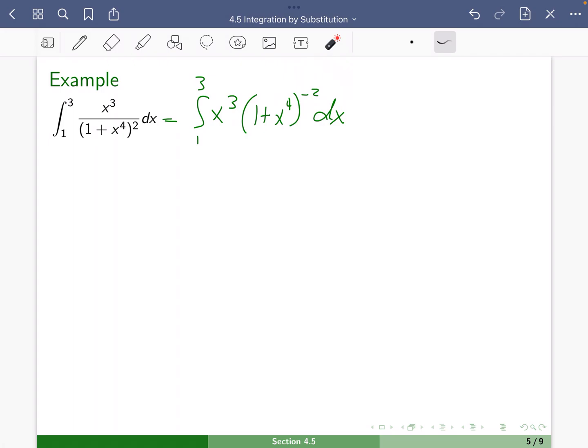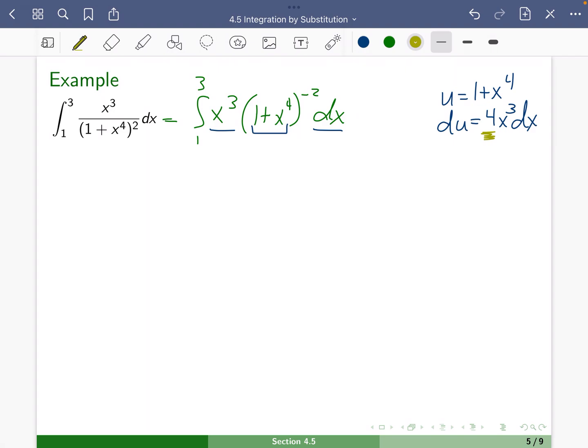Well, again, we can look to see, can we do u substitution? And so here I would consider this 1 plus x to the 4th as that inside function. So then our derivative is 4x cubed dx. Well, we have an x cubed dx, but we are missing that 4 out in front.